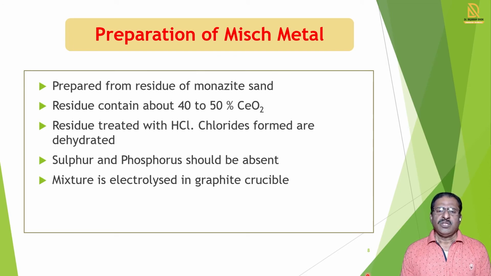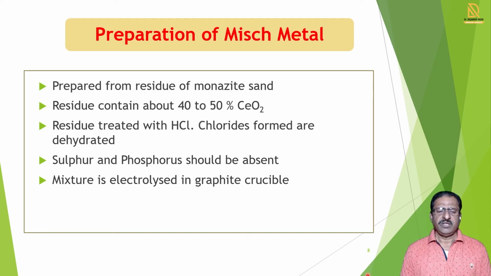In the extraction of aluminium, you have seen that extraction is carried out by the electrolysis process. Such an electrolysis process is carried out for mish metal also. So such materials are electrolyzed in the graphite crucible, and from that, cerium, some other elements of the lanthanide series, and 1 to 5% of iron are separated.